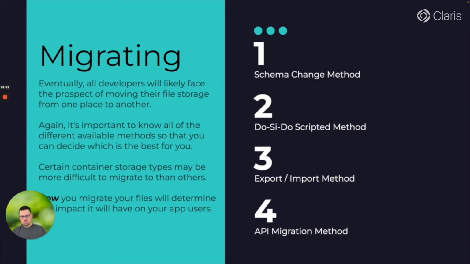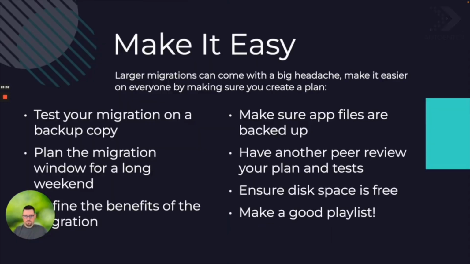So 2 and 4 are pretty reliable methods for if you need to move a very large amount of data through. So again, knowing all of these different methods makes it easier to plan and be successful when you're dealing with a large amount of data.